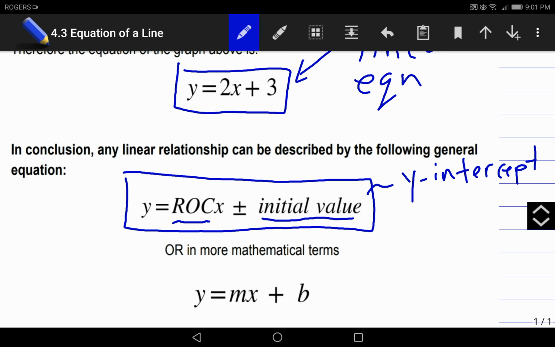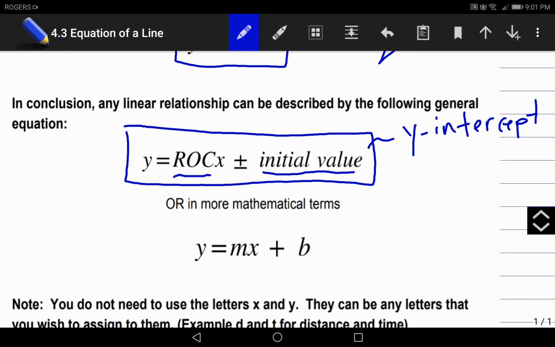Okay, so we're going to try to stick with this equation here, just because it makes a little more sense to see the letters ROC for rate of change and initial value. But mathematically, we don't use this terminology or this notation, ROC or initial value.